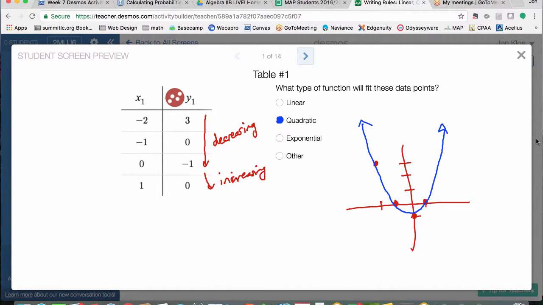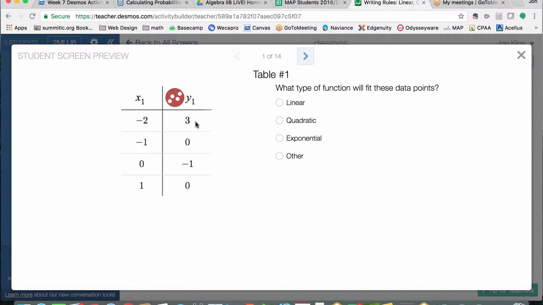The other way you can tell it's a quadratic in a table is by taking the differences. So start subtracting. 0 minus 3 means I'm losing 3 right there. From there I'm losing 1. 0 to -1 is subtract 1. But from -1 to 0, if I subtract 0 minus -1, that's an increase of 1.